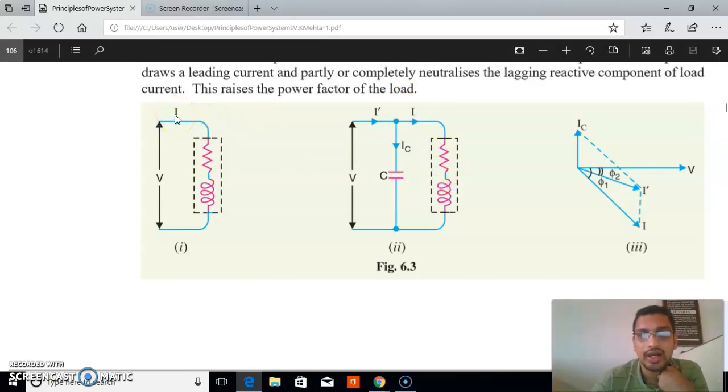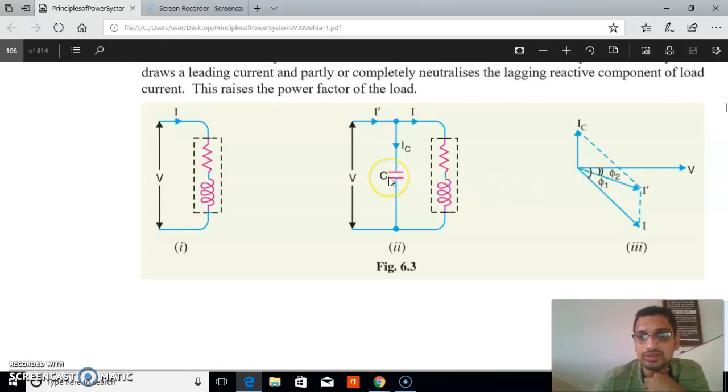We draw I as lagging because the load is inductive. This I lags behind the voltage by an angle phi 1. That means the angle between V and I is phi 1.